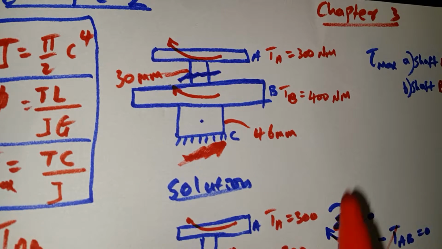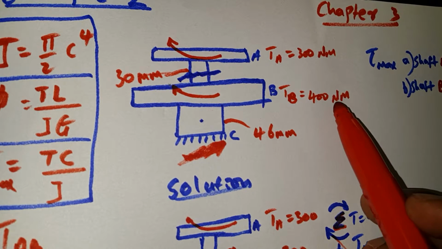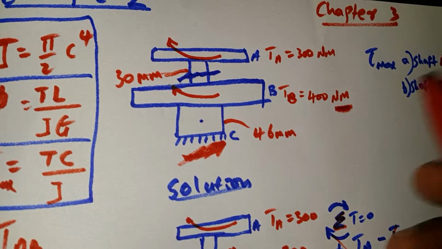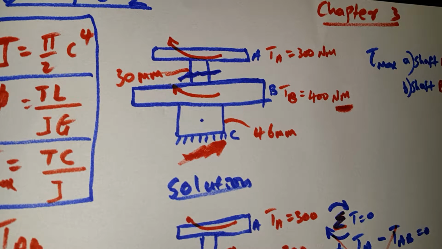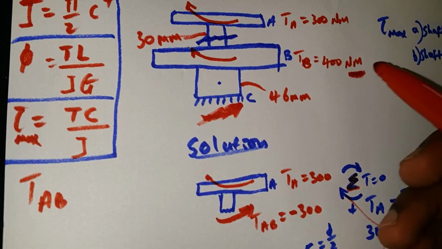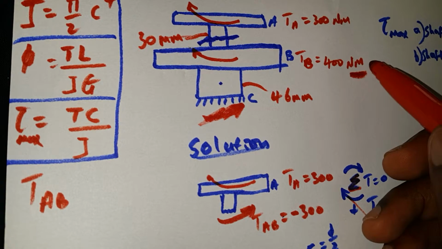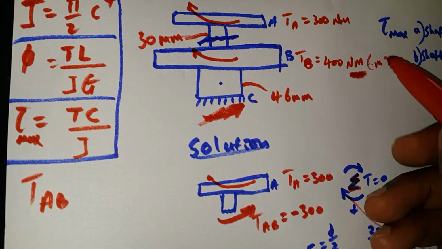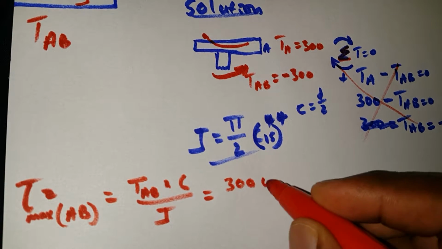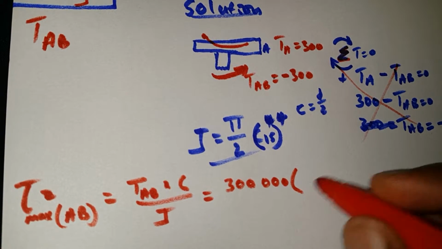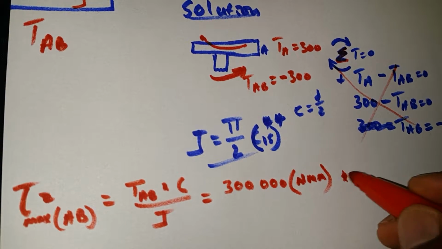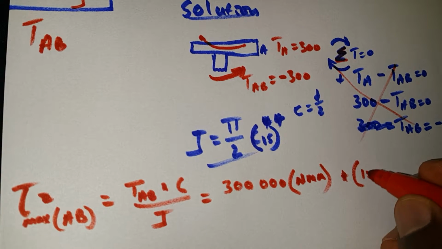Then the unit here is Newton meter. So we have to multiply it by 1000 to have Newton millimeter. We need millimeter here, so we multiply it by 1000 to have Newton millimeter. Okay, times C. Our C we know is 15 millimeter.